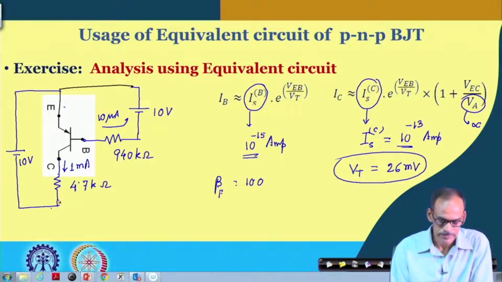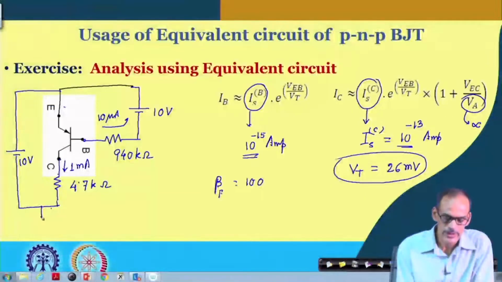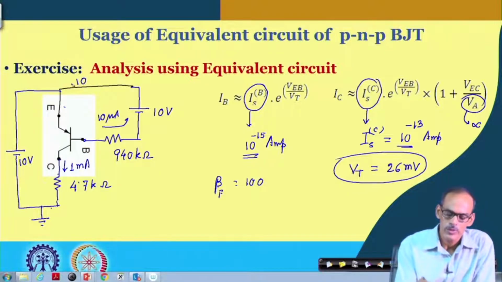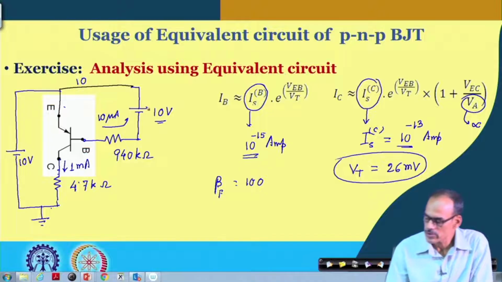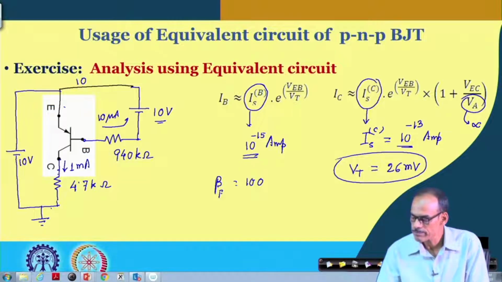So, if I say that this is ground, this is 10 volt. With respect to 10 volt, we have another 10 volt here. Of course, this is also going to be ground. So, in that case, this voltage is 4.7. In fact, since we have the same voltage, you need not use this voltage.